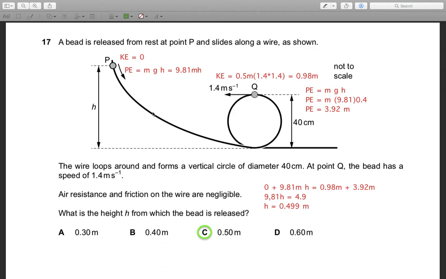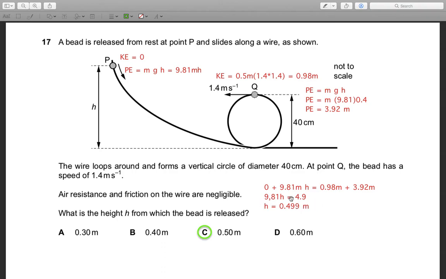From conservation of mechanical energy, potential energy plus kinetic energy at point P equals kinetic energy plus potential energy at point Q. So we get 0 plus 9.81 mh equals 0.98 m plus 3.92 m.